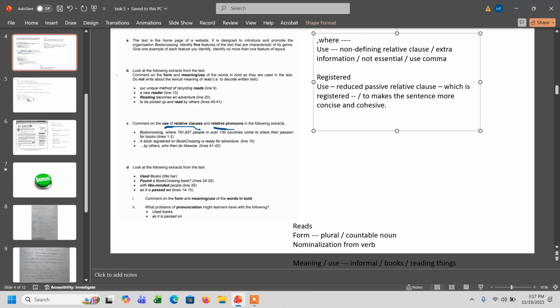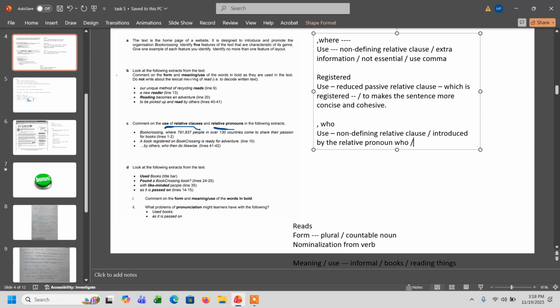Another one is who. So the use is also the same, a non-defining relative clause. We can also add that it is introduced by the relative pronoun who.